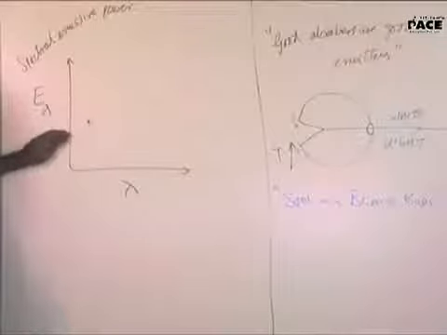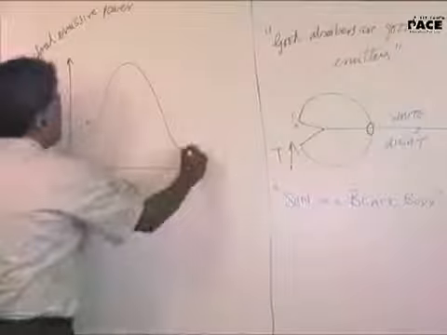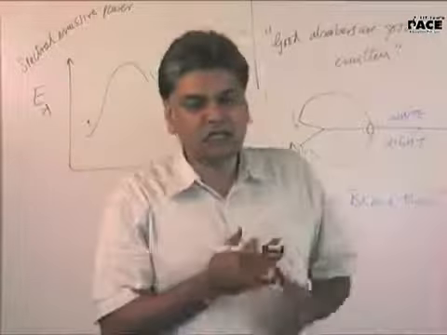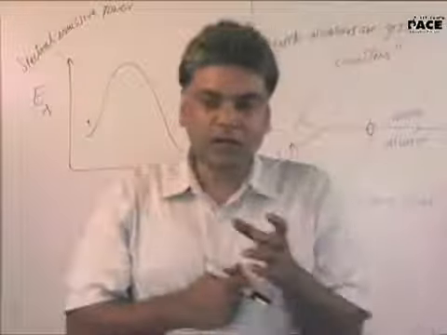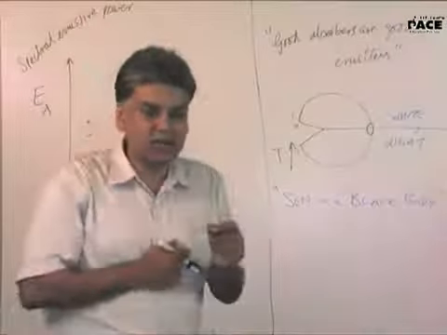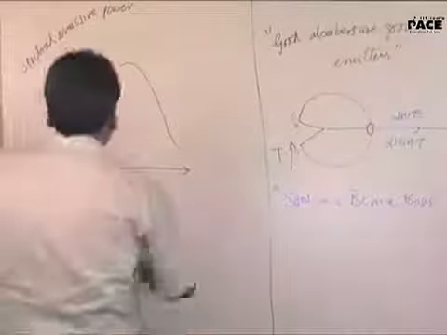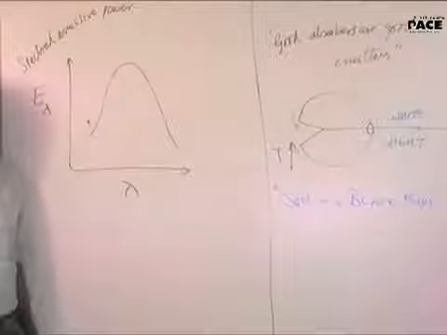But if you talk for a given wavelength, that is called spectral emissive power. Using a spectrophotometer, you can take the radiation from any substance and find out what wavelength is coming and what is the radiation intensity. So you get a graph like this, a mountain like this.